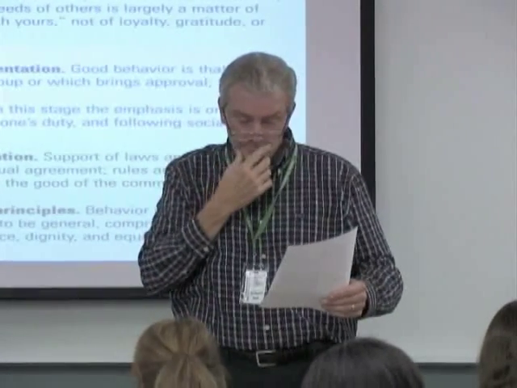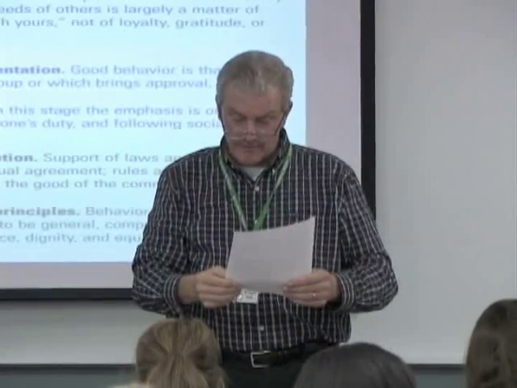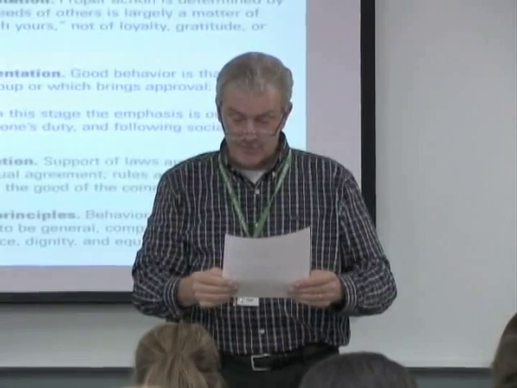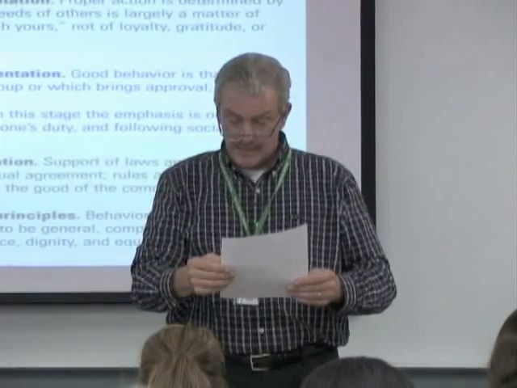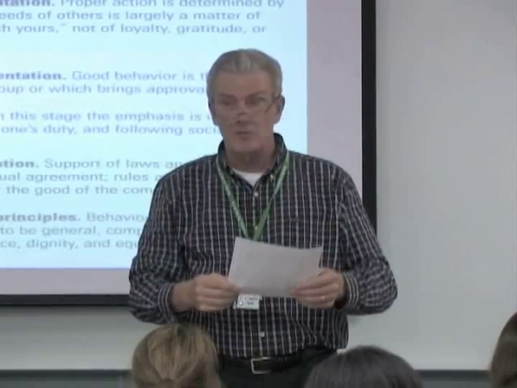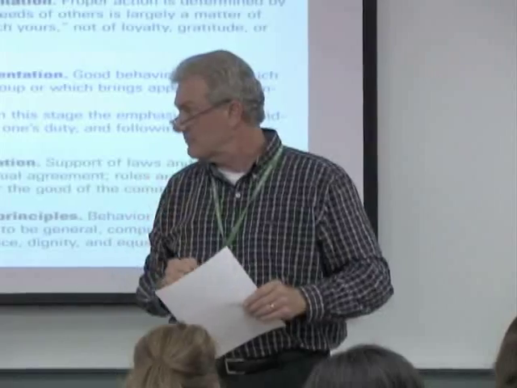Now, let's say that number 12 was level 5, number 10 was level 5, number 8 was level 6, and let's say number 1 was level 4. Let's say that those 4 were your most important ones. Kohlberg would say you have a very high level of moral judgment. A very high level of moral judgment.